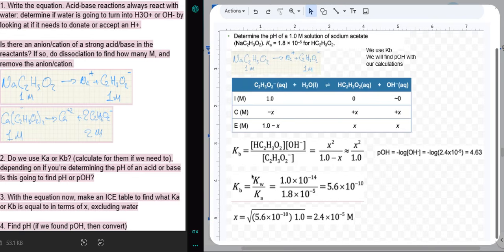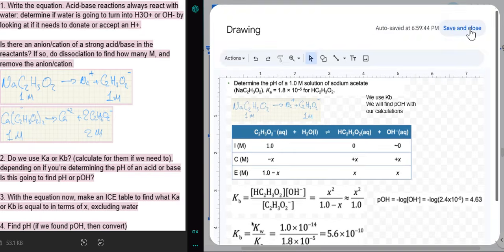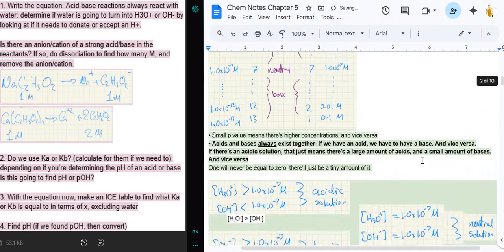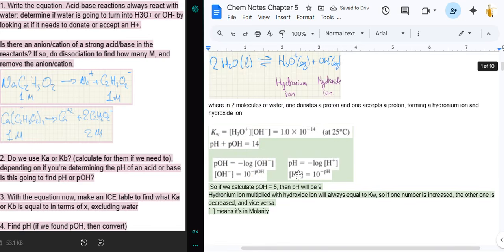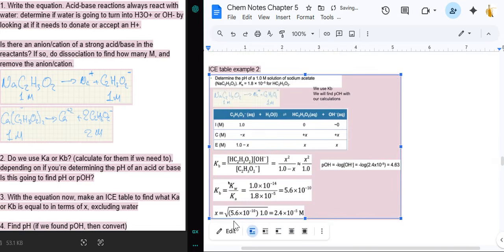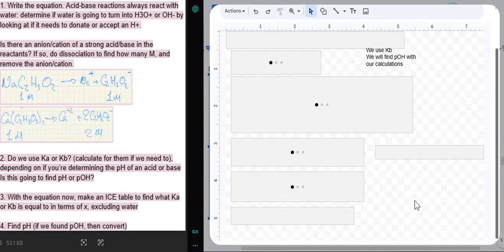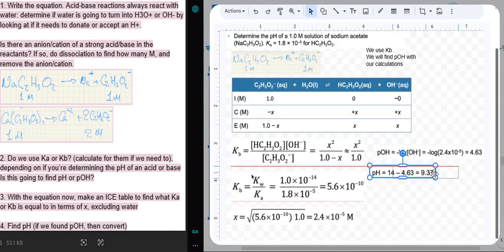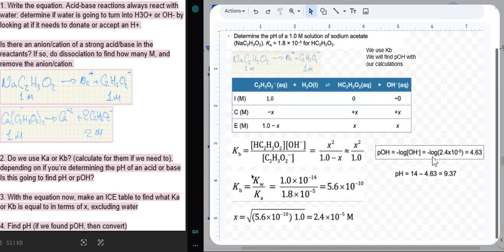So you gotta convert that pOH to pH simply using this formula, like that. So that's how you do the second ICE table question example.